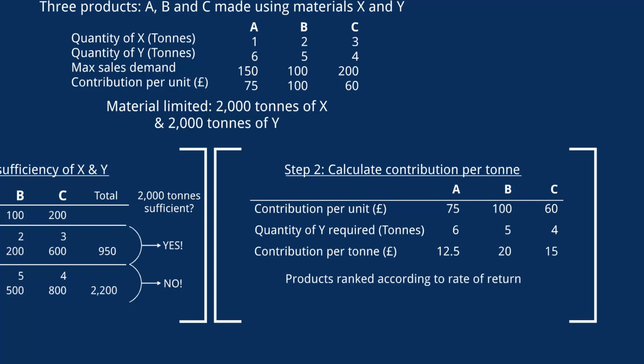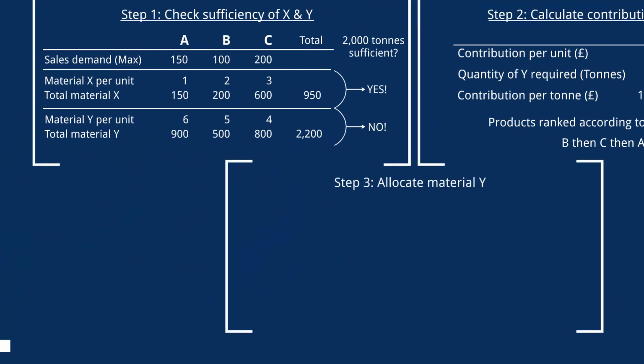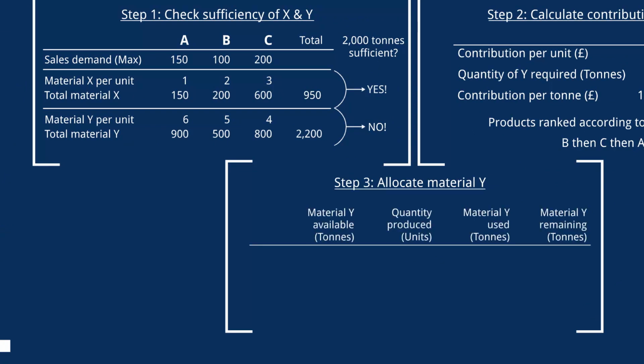So when we rank the products in accordance with the contribution per ton, we produce as much of product B as we can, then all the product C's that we can, and then finally product A's with what is left over. So then we move on to step number 3, which is to allocate material Y.